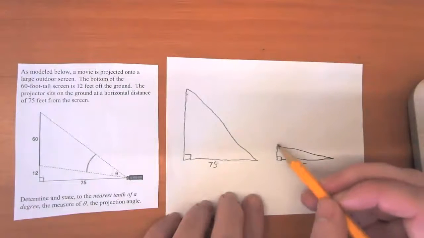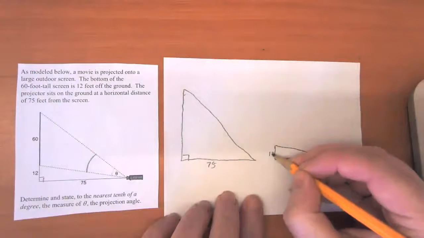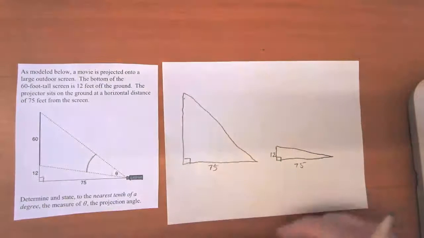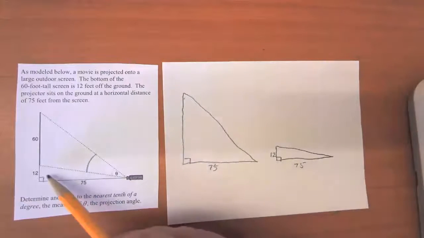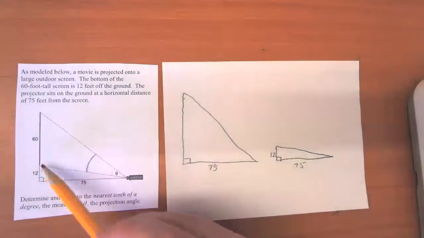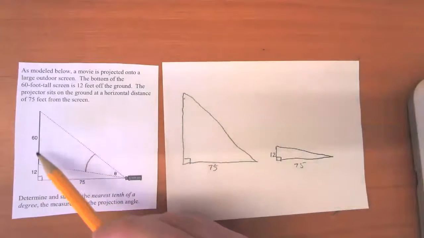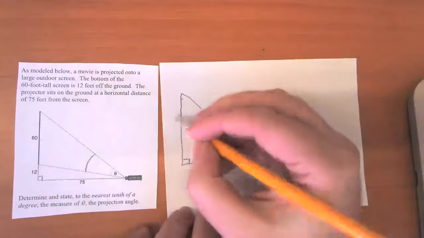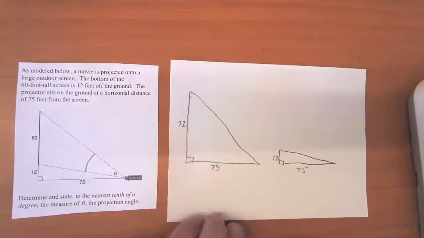This short triangle has a height of 12. And what's the height of the tall triangle? The tall triangle with this right angle has a height of 12 plus 60. The top of the screen is 60 plus 12, which is 72 feet above the ground.